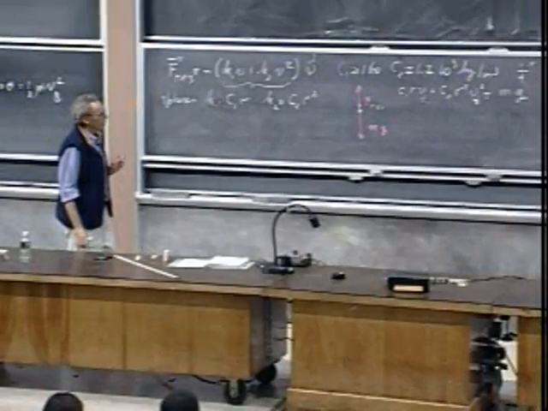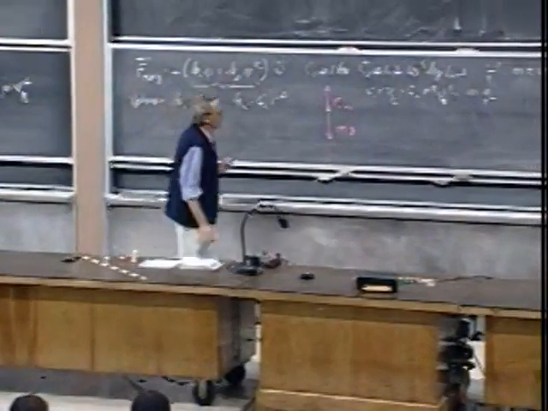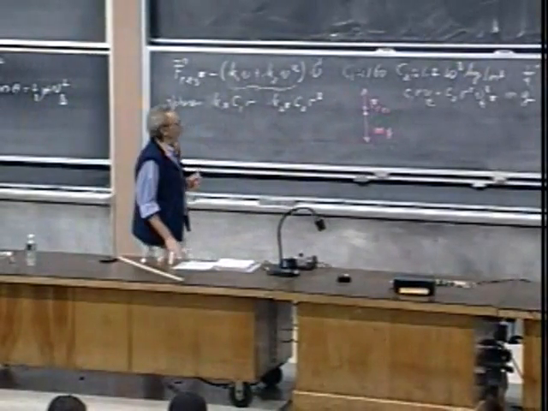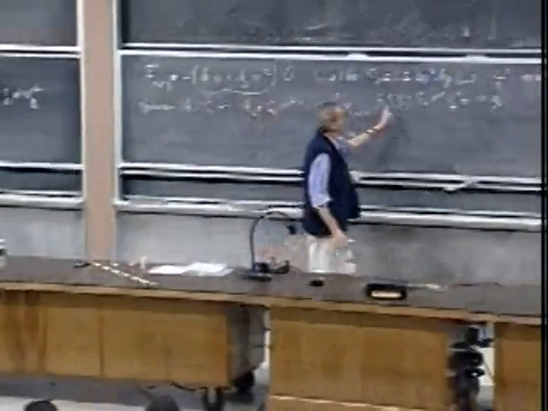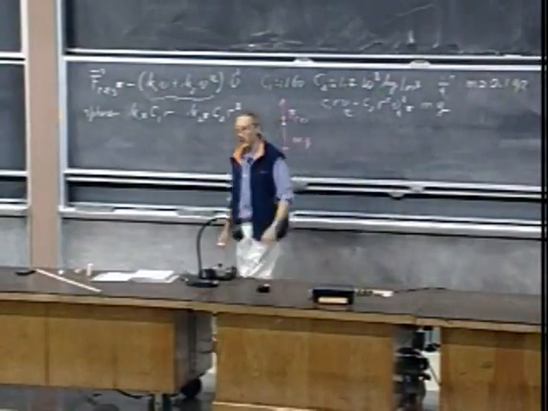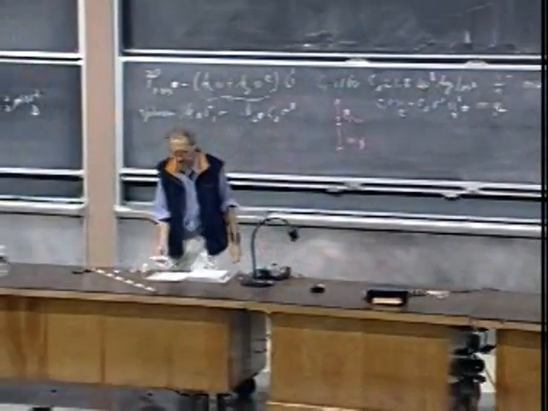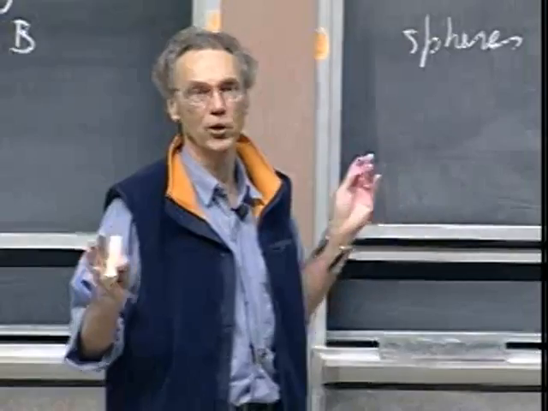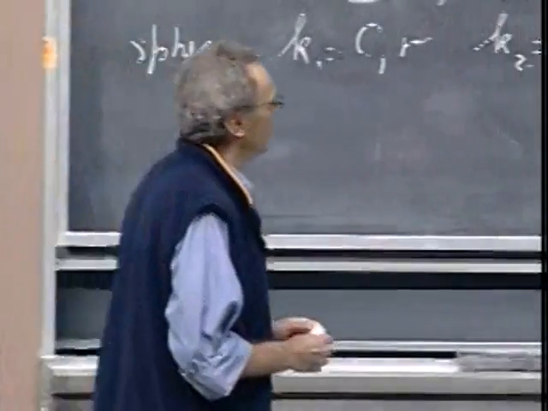Well, this is a quadratic equation in v. You know C1, you know C2, you know the radius of these ball bearings, you know the mass of the ball bearings, so you can solve for the terminal velocity. You will get two solutions. It's a quadratic equation. One will be non-physical, you will see, so you keep the one that is physical.